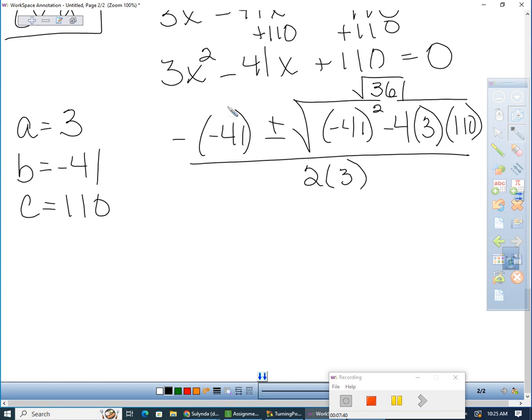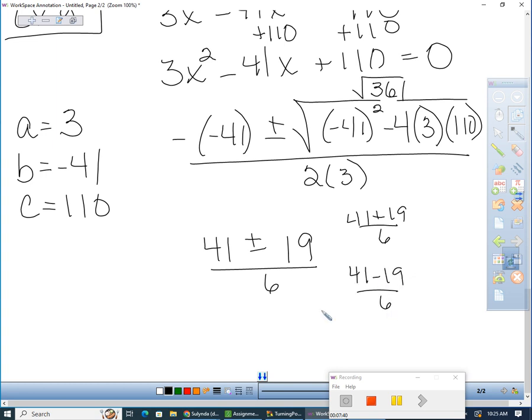So what's my actual front number going to become? Good. Positive 41 plus and minus. What's the square root of 361? 19. Divided by 6. So again, I have 41 plus 19 divided by 6, and I have 41 minus 19 divided by 6.